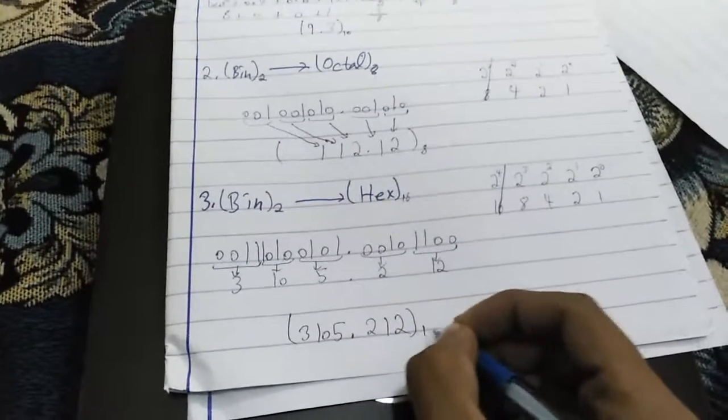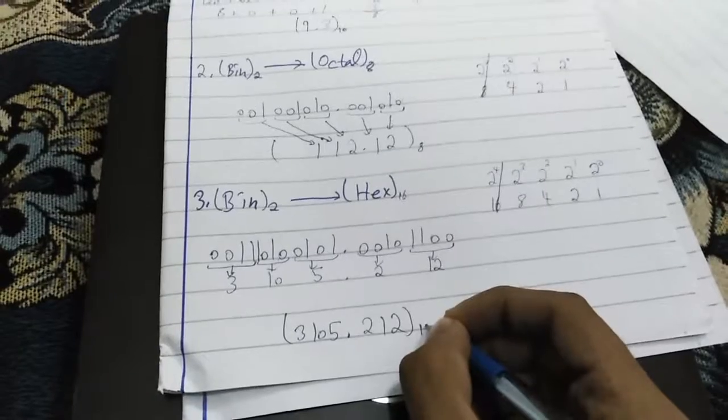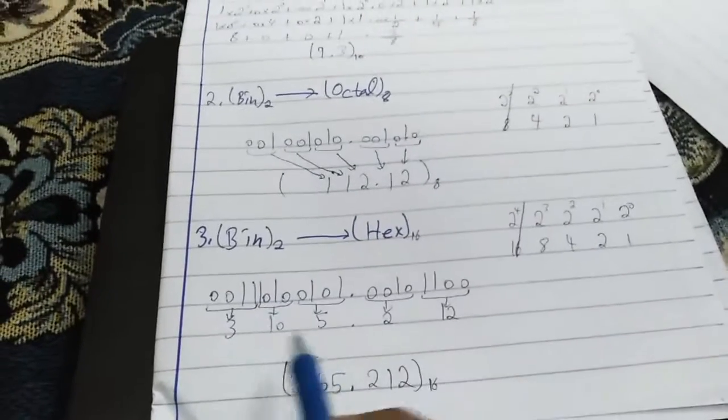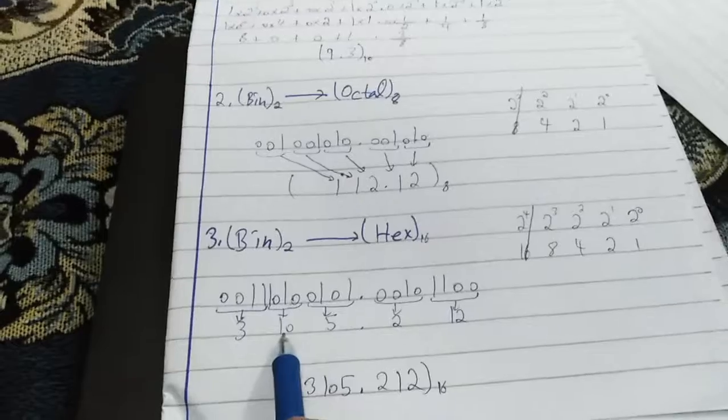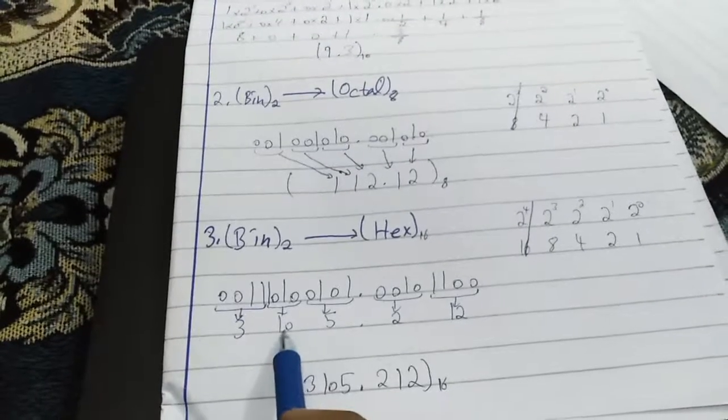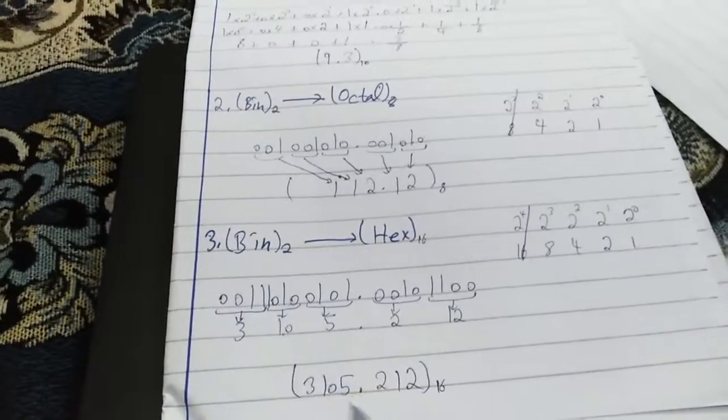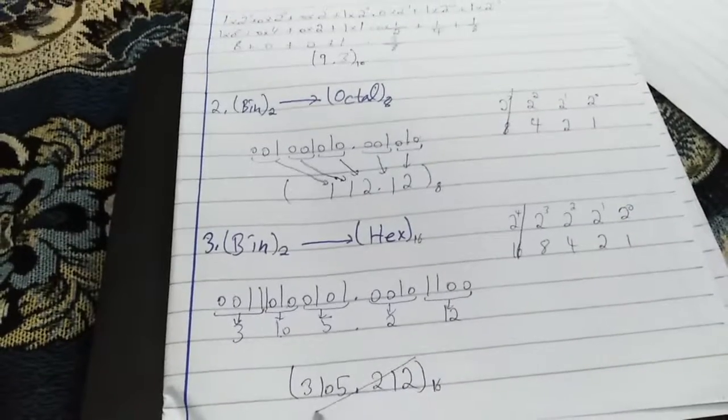5.2 12. Now it is converted into the decimal number system, but see here, 10 is denoted by A in the hexadecimal number system, so this answer is invalid.